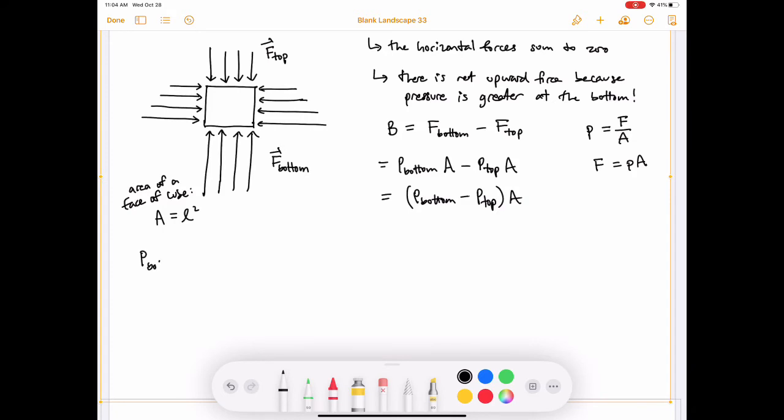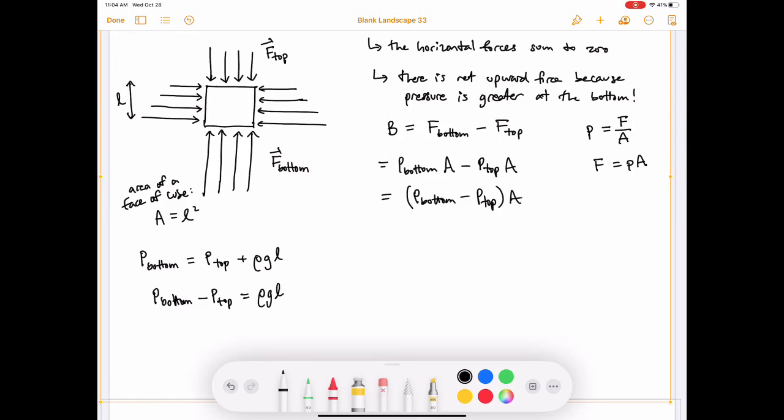The pressure at the bottom of the cube would just equal the pressure at the top, but then I'd have to add to that rho times g times the depth below that we go to get from the top to the bottom. Well, that would just be L, because we're dealing with a cube. We just have to go down the entire side length of the cube to go from the top to the bottom. So therefore, P bottom minus P top is just equal to rho gL.